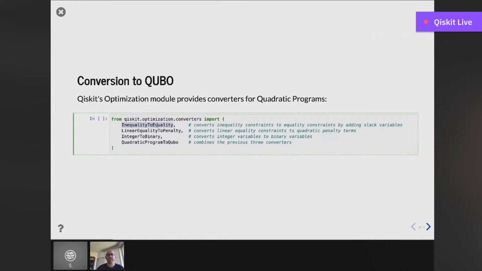Depending on the constraint, it adds integer variables or continuous variables. If we have now an equality constraint, then we can map a linear equality constraint to a quadratic penalty term. So we can move a constraint to the objective function and cast the problem to an unconstrained problem in some situations. And then we have an integer to binary variable converter, which takes integer variables and decomposes them into multiple binary variables, which then can also help to cast a more generic quadratic program into a QUBO. And last, we have this quadratic program to QUBO converter, which just wraps the other 3 for convenience.